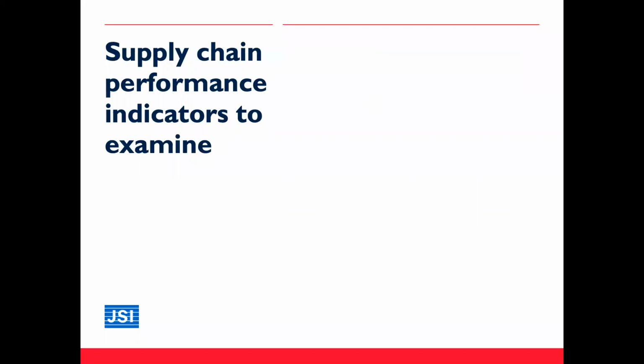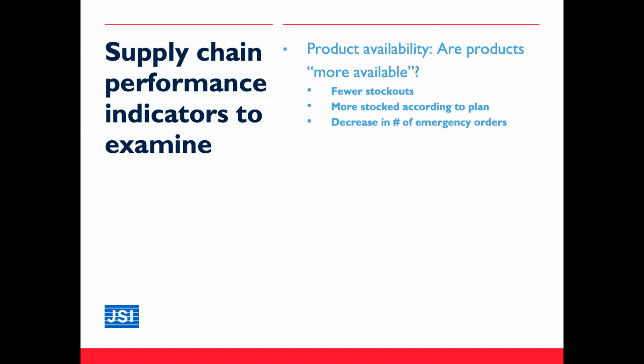After our redesign or optimization, we will want to examine certain supply chain indicators to judge if our optimization activity resulted in the desired improvements. Depending on our reason for optimization, we can look at different indicators and ask ourselves questions. For example, has product availability increased? Are there fewer stockouts? Or are more facilities stocked according to plan?